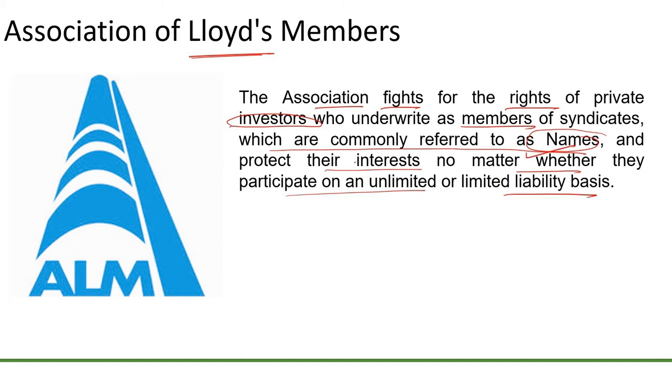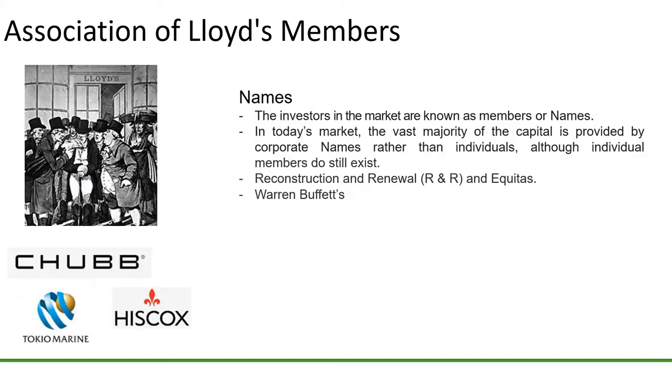We have discussed names previously, but let me explain once again what names are and what they do. Names are the investors in the market, and they're also known as members. In today's market, the vast majority of capital is provided by corporate names rather than individuals.